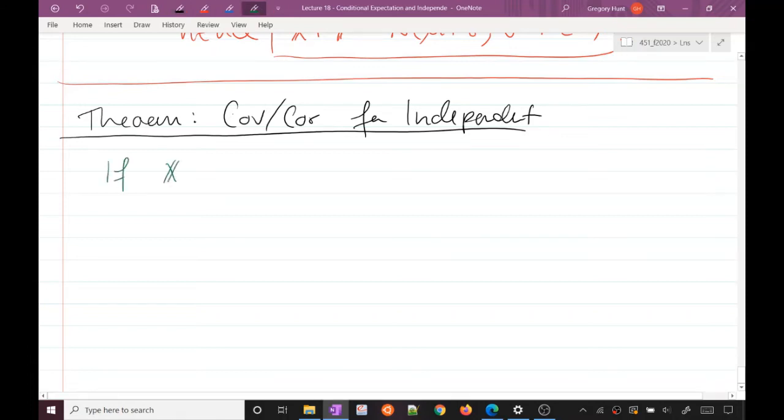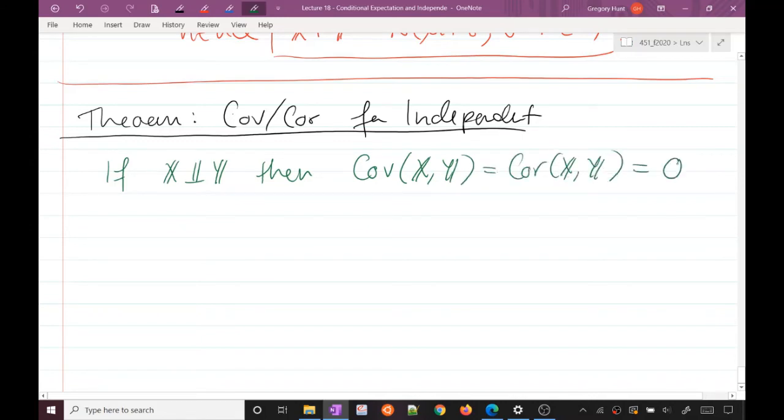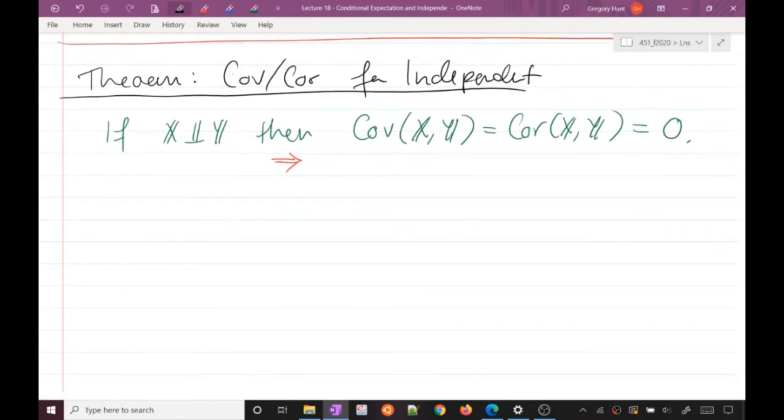If x and y are independent, then the covariance of x and y and the correlation of x and y are both 0. So notice the directionality. If they are independent, then the correlation is 0. The converse is generally going to be false. But let's just prove the forward direction.